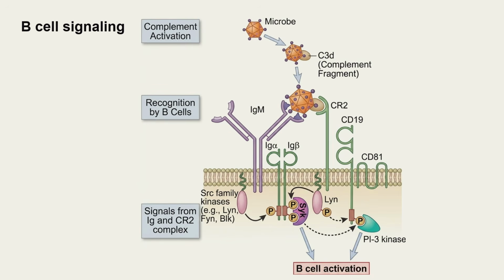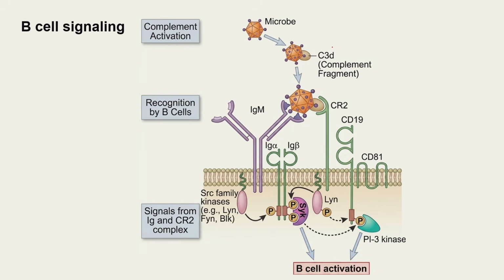Here we can see that the complement protein can be activated when there is a microbe coming into the picture. Once there is an entry of a bacterium or any microbe, the complement protein can bind to those microbes, and this complement protein binding can activate another set of reactions.